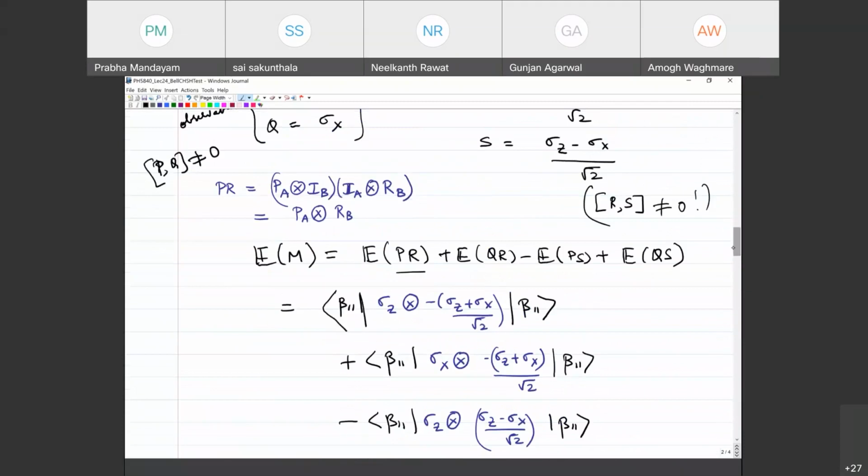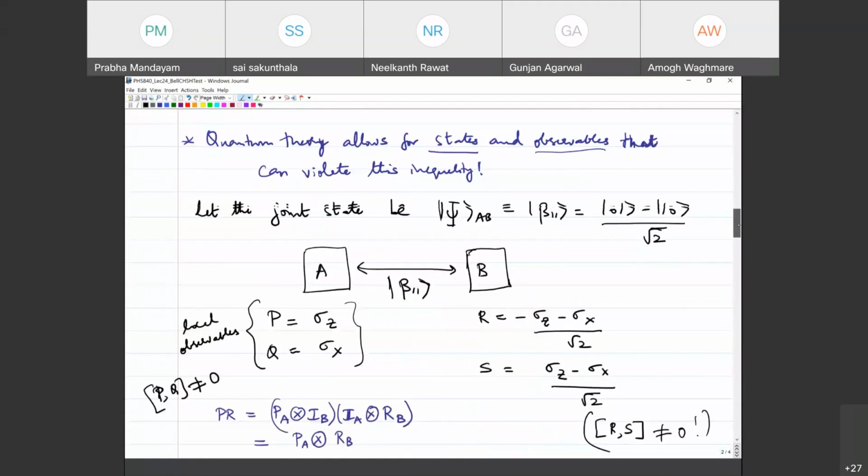But you just mentioned a point that since the operators corresponding to the observables are incompatible, I cannot define that quote-unquote classical joint probability distribution.